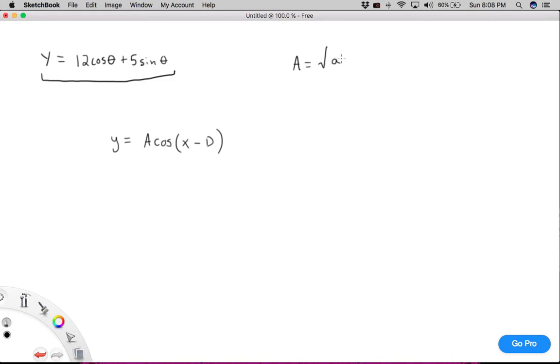it is just regular Pythagorean theorem. Maybe we can talk about y some other time. So we're going to note that this is a and this is b.